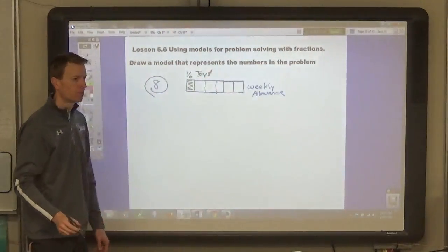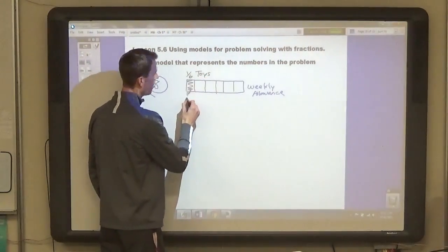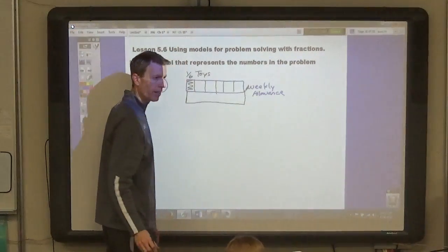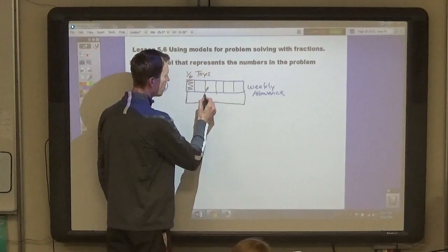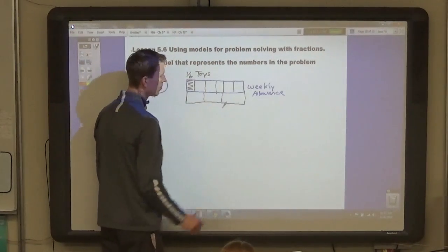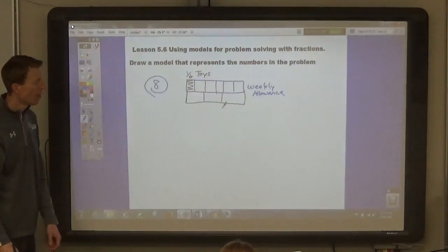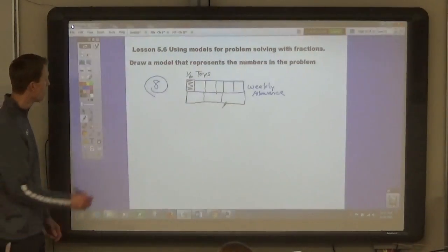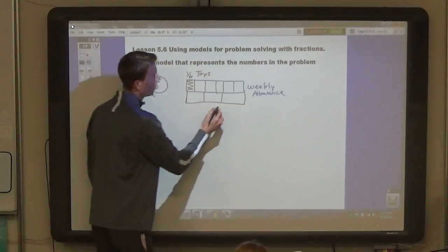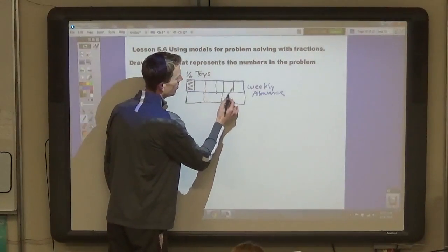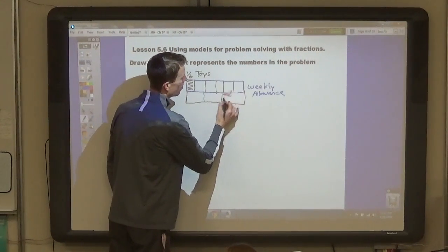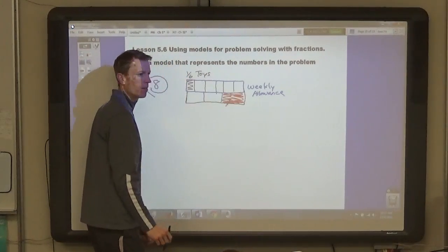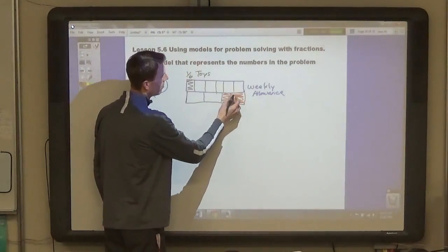And 1/3. So since we're finding 1/3 of the total again, we have to make this into thirds. And 1/3 was spent on dog food. So if we color one of these in, there's dog food.